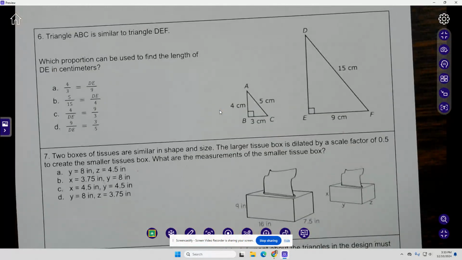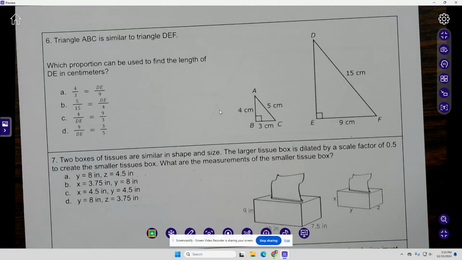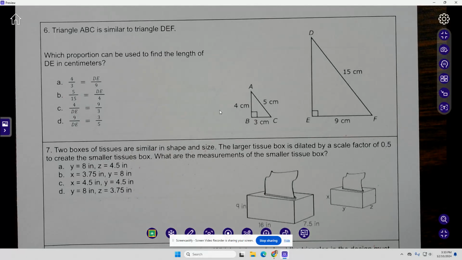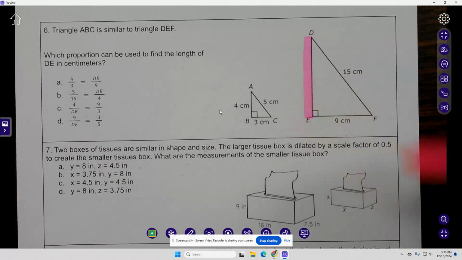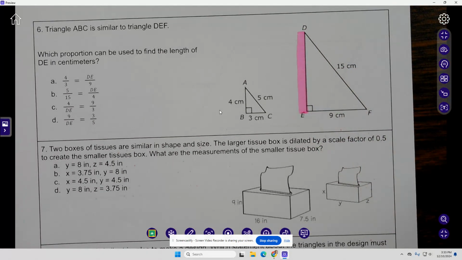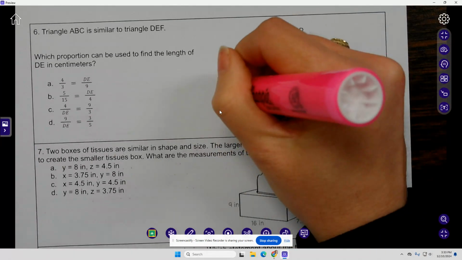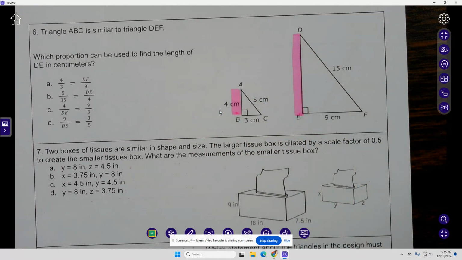All right, number 6. Triangle ABC is similar to triangle DEF. Which proportion can be used to find the length of DE in centimeters? Okay, so we are trying to find this segment. Okay, so what corresponds to that in my original figure is 4.